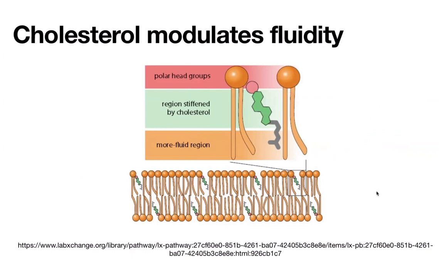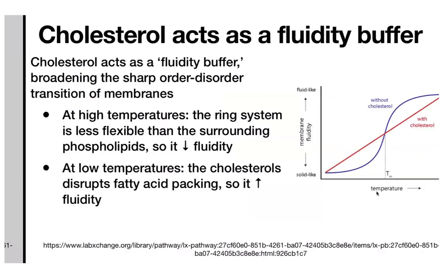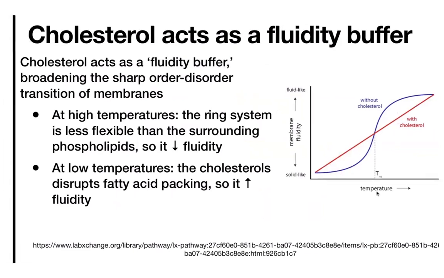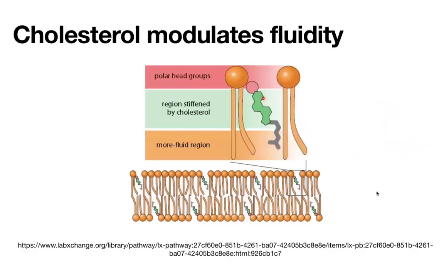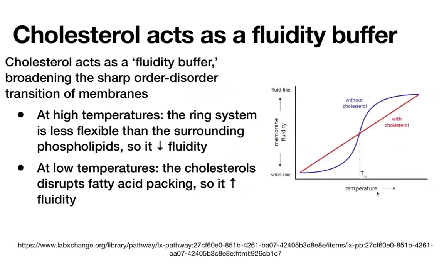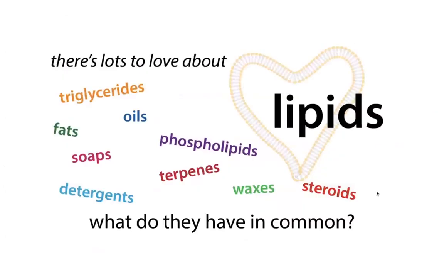And instead, it's going to be making it so you have a lower melting temperature. It takes less energy to make things fluid. But then when things are starting to get all fluid, well, now that cholesterol isn't getting all fluid. And so now it's going to be harder to get it even more fluid. It's going to be harder to make it oily. And so this cholesterol is going to act as this important fluidity barrier.